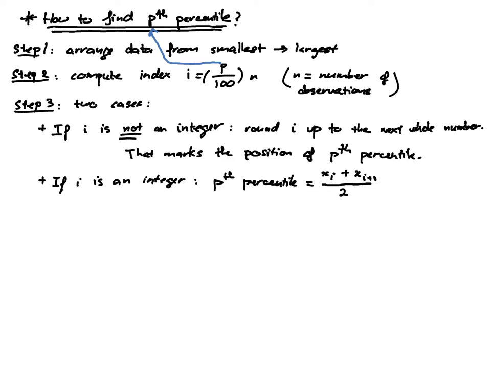To see how this procedure works in practice, let's look at an example. Let's see how we find the 15th percentile when we have 30 observations.